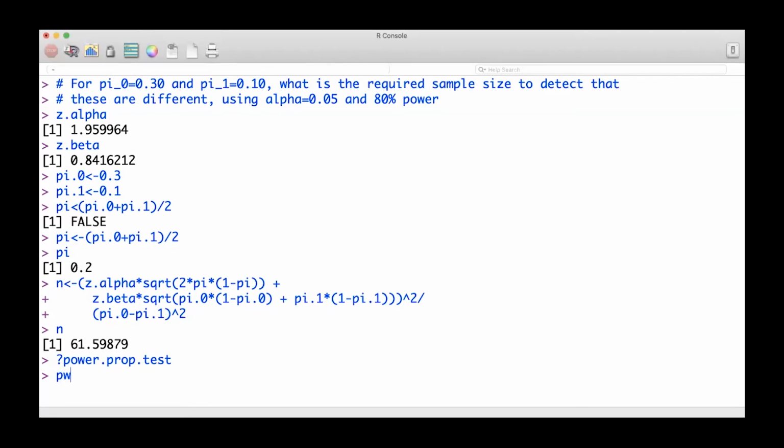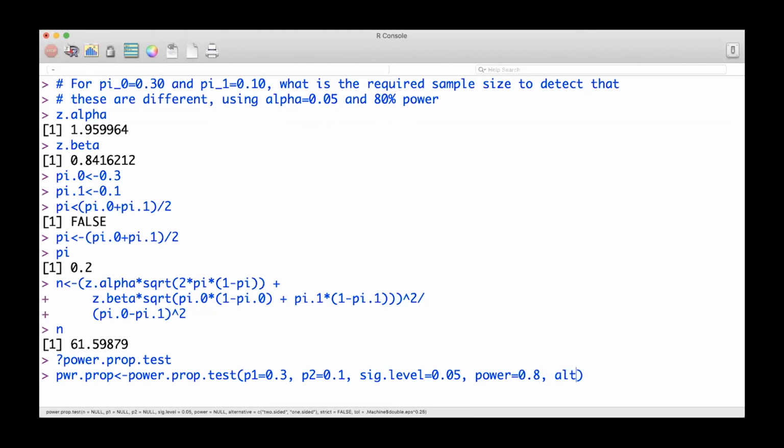All right, so I'm going to store this. I'm going to call it power proportion, essentially. And I'm going to use this function, power.prop.test, where our pi 1 is 0.3, our pi 2 is 0.1, our significance level is 0.05, our power is 0.8, and our alternative is two-sided.